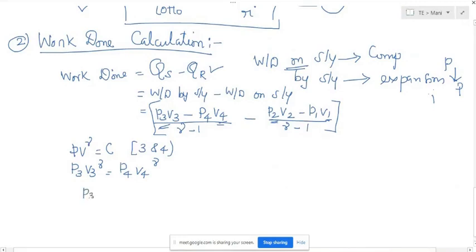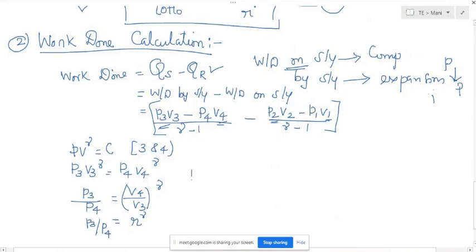So simply we can keep it like this: P3 by P4 equal to V4 divided by V3 power gamma. V4 by V3 is nothing but the expansion ratio, for which we can use the symbol r. So instead of P3 by P4, we can use r power gamma. Okay, right.